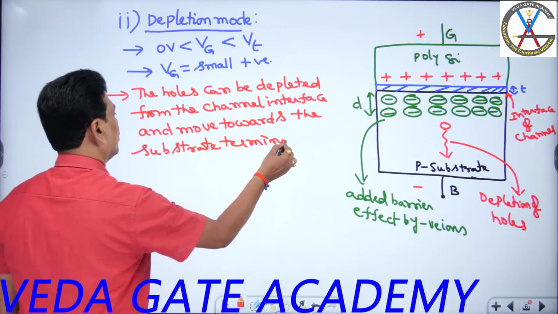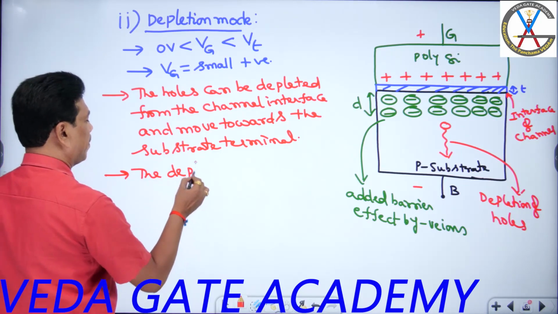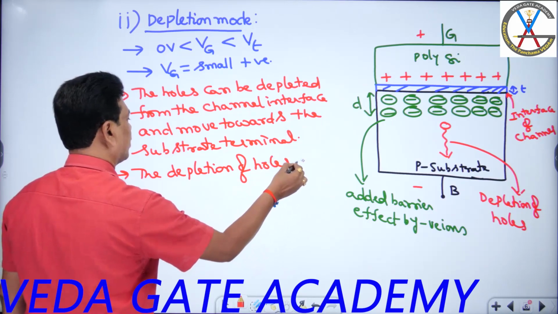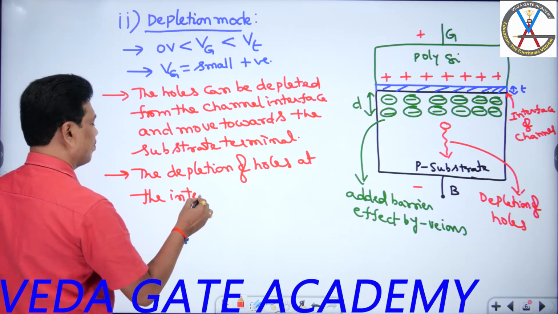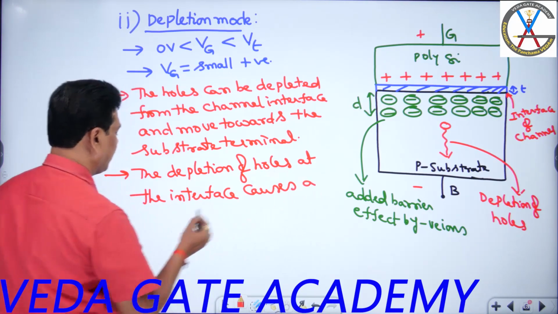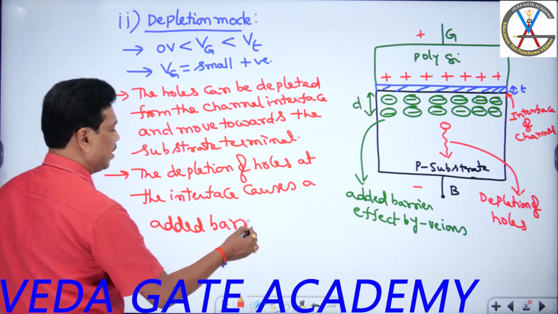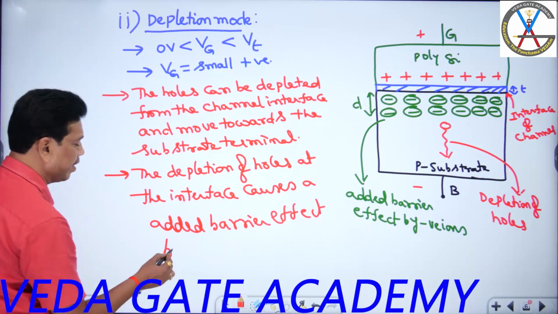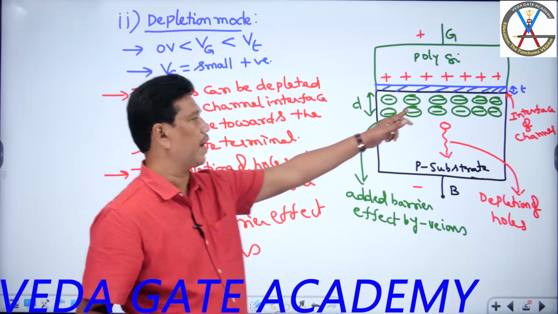Confirm. So what I told is, sir, the depletion of holes at the interface causes an added barrier effect by negative ions.